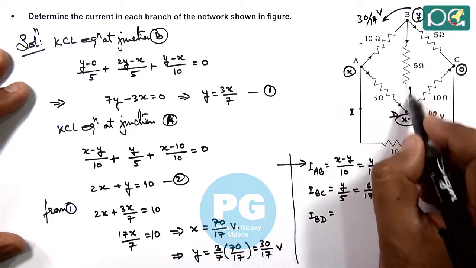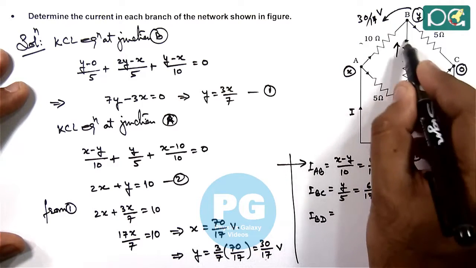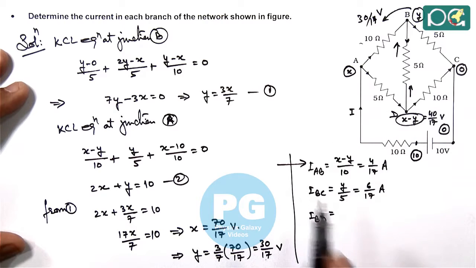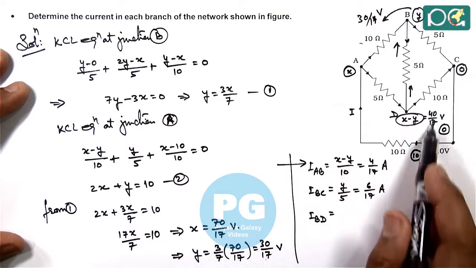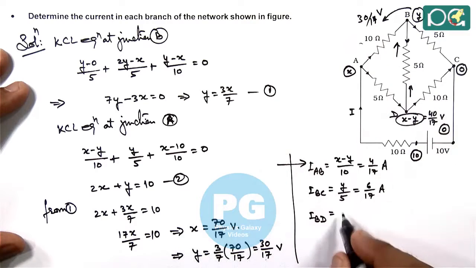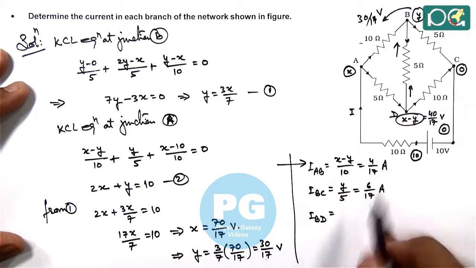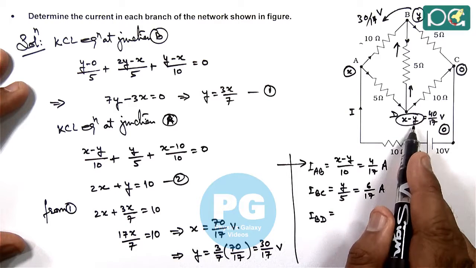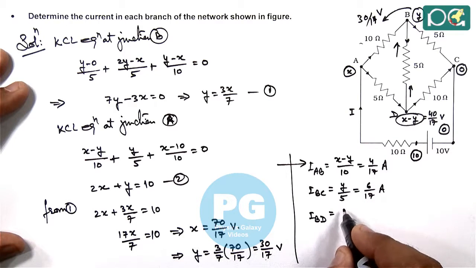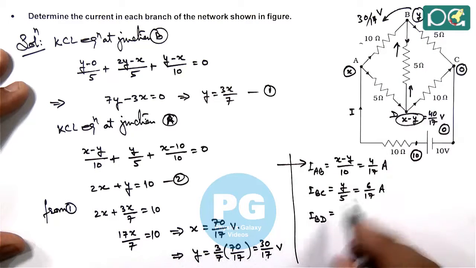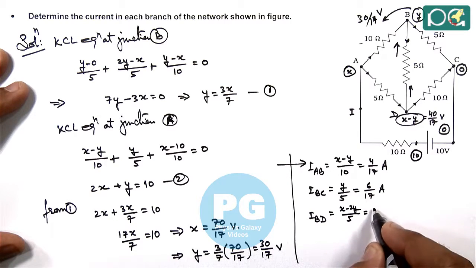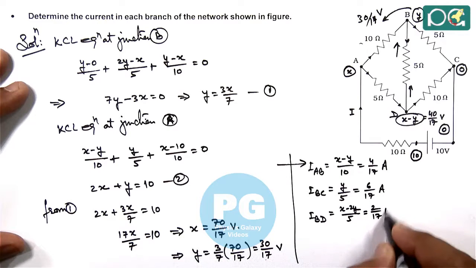So the current in branch BD is from D to B, and it is (40 by 17 minus 30 by 17), 10 by 17, by 5. So the value we get is 2 by 17 ampere.